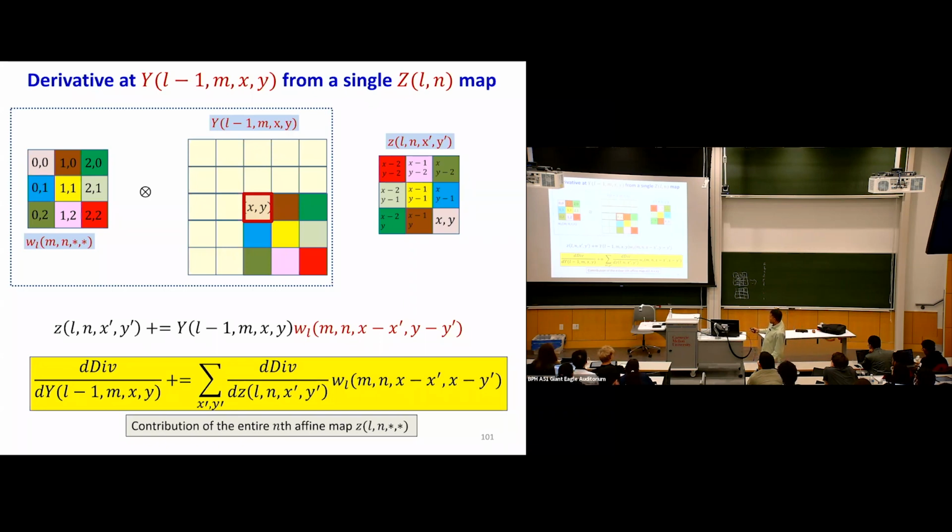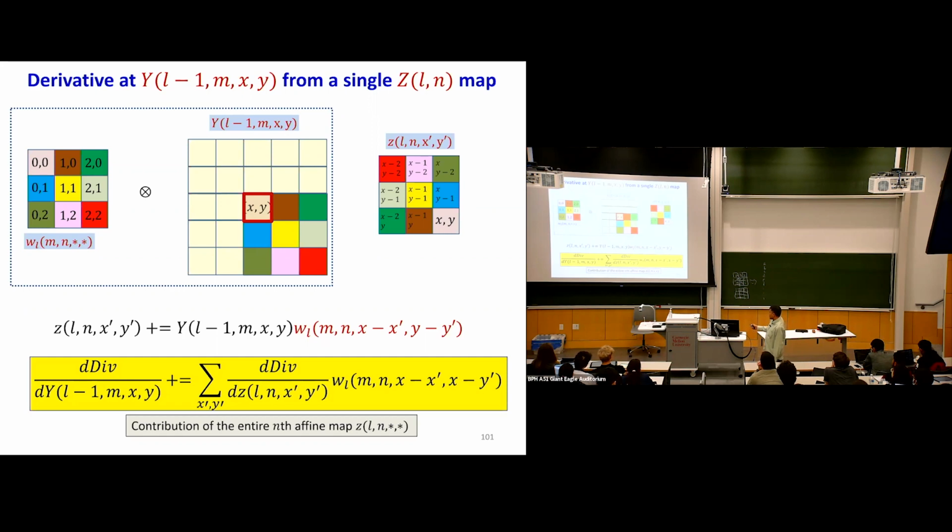Then I place it at position xy of the derivative map for the affine values. This is no longer the affine map, it's the map of the derivatives of the divergence with respect to these affine values. So I place this transpose filter with its bottom right corner, which corresponds to the top left corner of the original filter, at xy, and then compute an inner product.